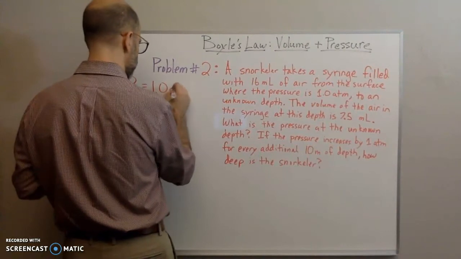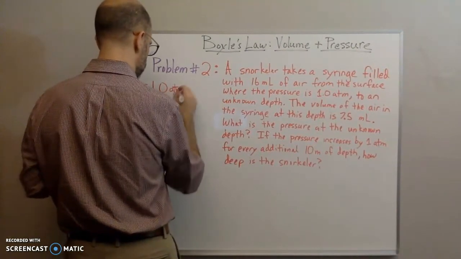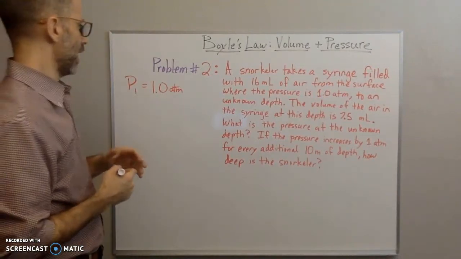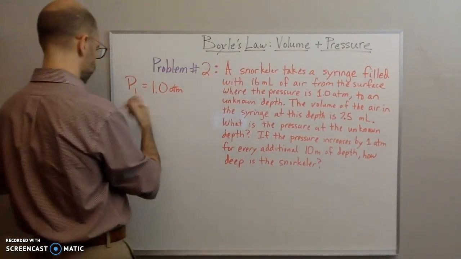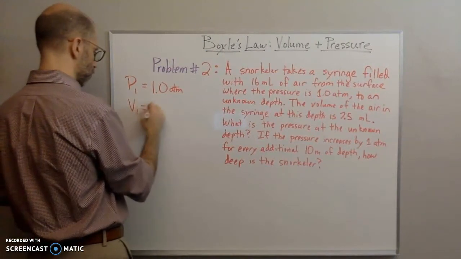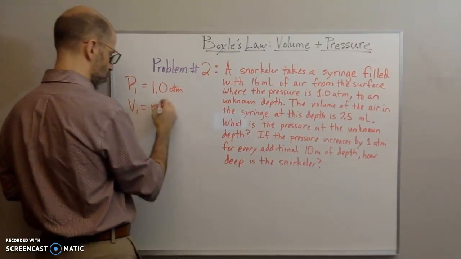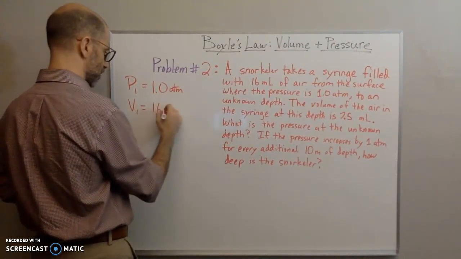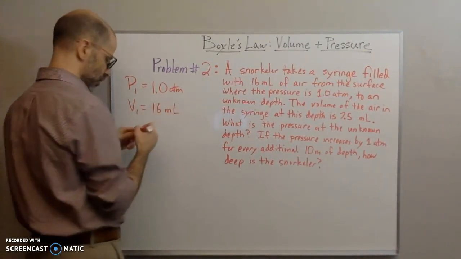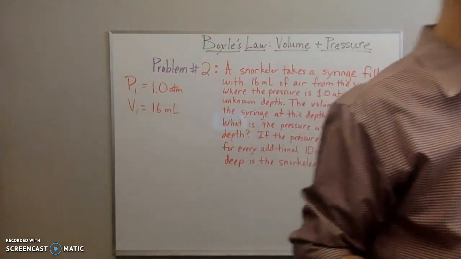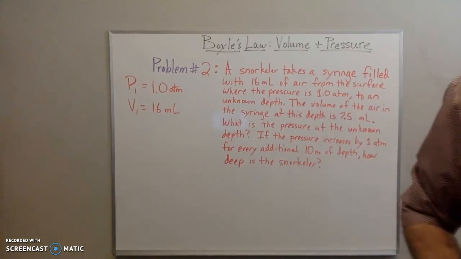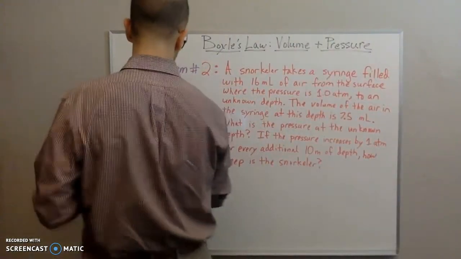So the pressure of the gas in the syringe is 1.0 atm to begin with. And the volume, V1, the beginning volume at this known pressure, is 16 milliliters. So make sure I have the sig figs correct. Yes, so 16 milliliters.